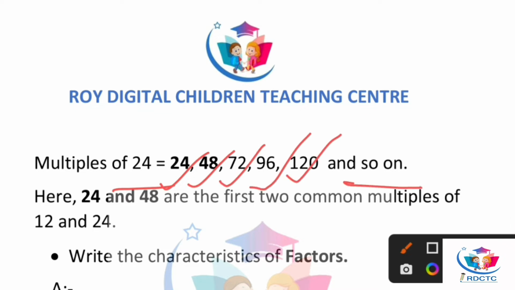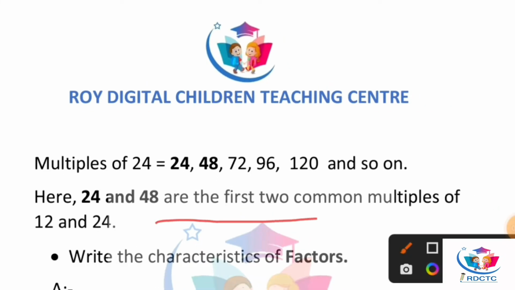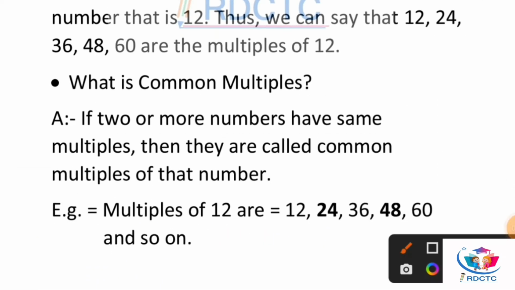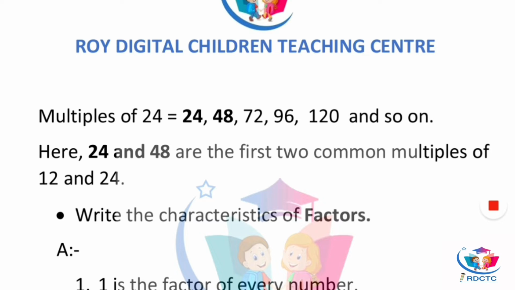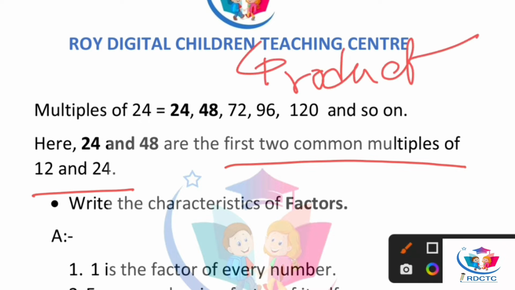Here 24 and 48 are the first two common multiples of 12 and 24. Normally, multiples are the product or tables of the given number.